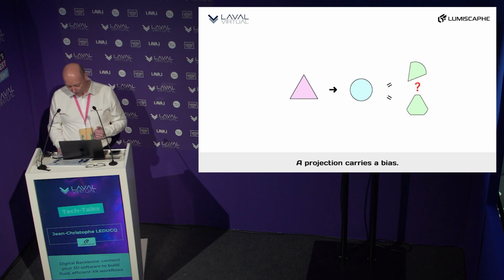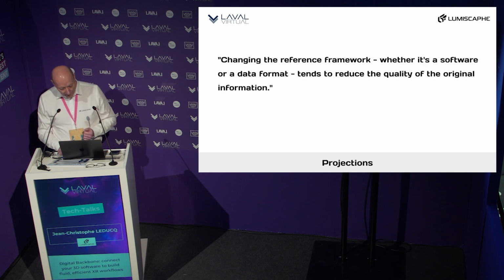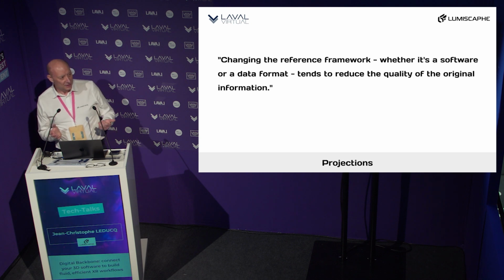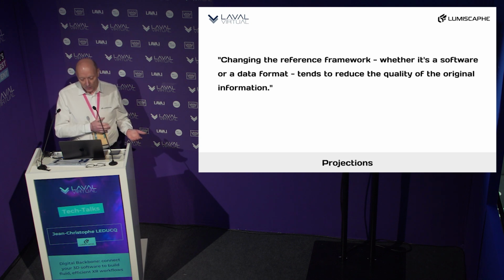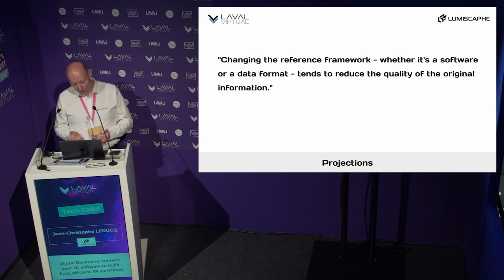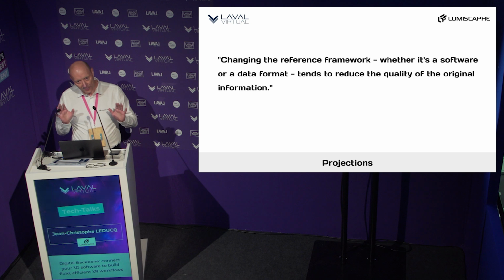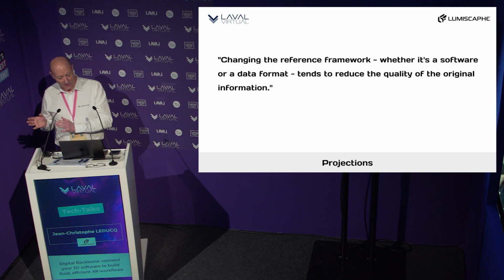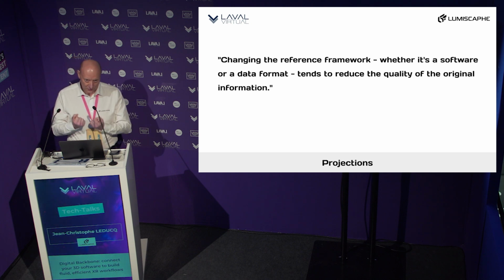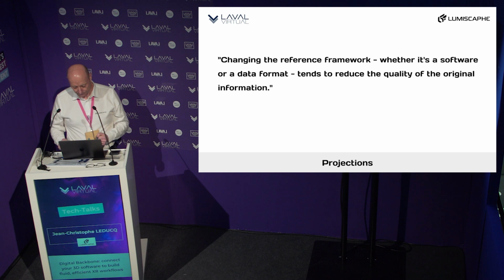That's the first thing I want to explain. And what we can say is that changing your asset from one world to another tends to reduce the quality of the original data. Perhaps it will not impact the final usage of your data, but in general, you reduce the initial information.